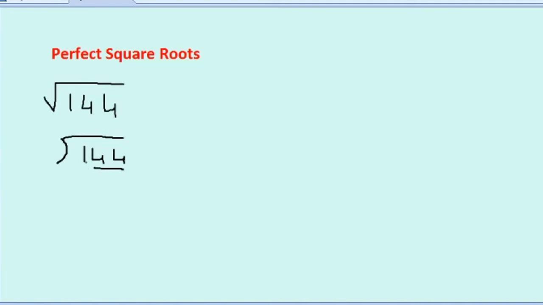Now first we divide 1. 1 into 1 is equal to 1. Now we subtract: 1 minus 1 is 0. After that, we split the numbers in pairs of 2. So in square roots, you have to carry down 2 numbers, not 1 number.